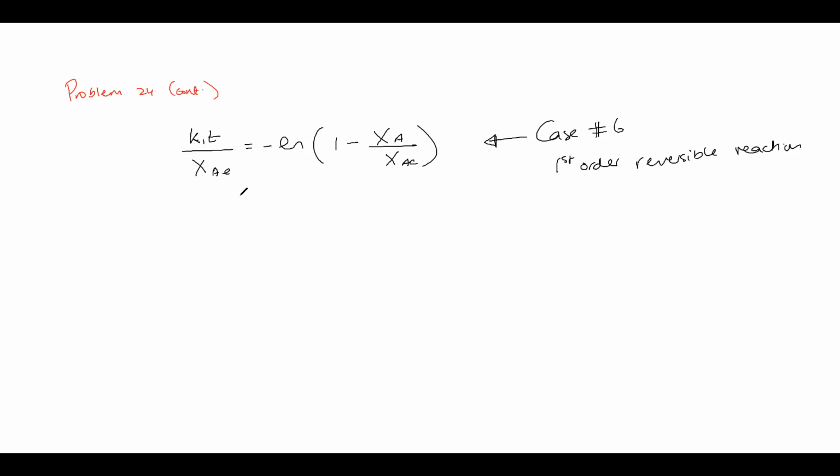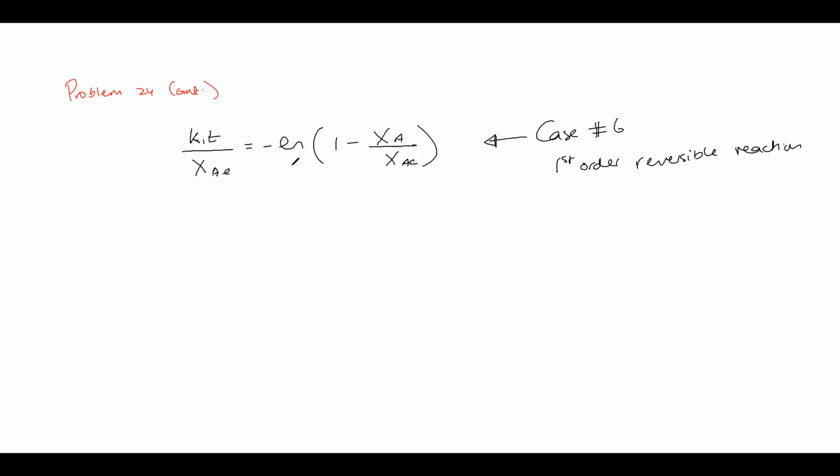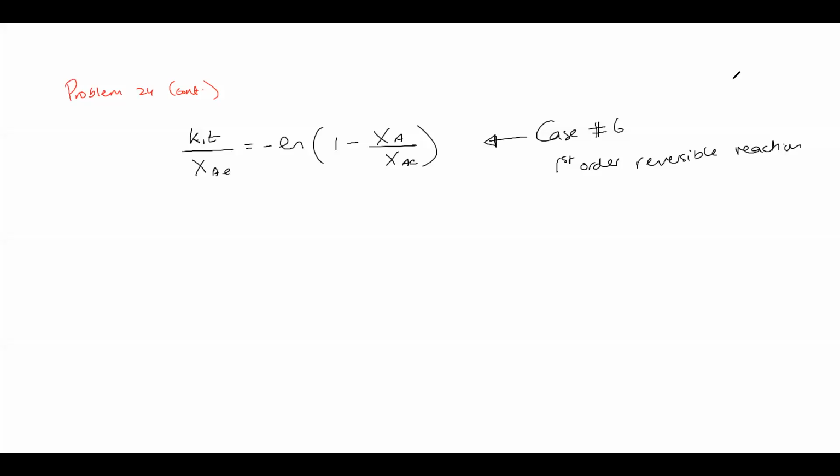And you're given two sets of experimental data, as you mentioned in the earlier slide. You're given 73.4, 35, 12.8. You're going to plug them in here. If you plug the first set of parameters in here, let's see, I have t equals 3, and the actual conversion is 0.4.